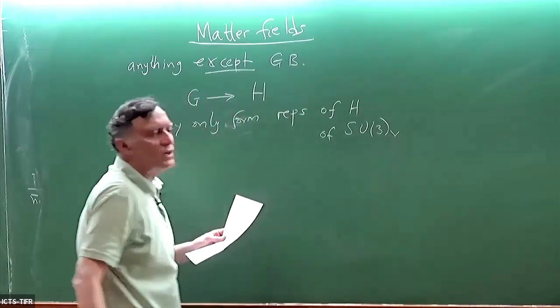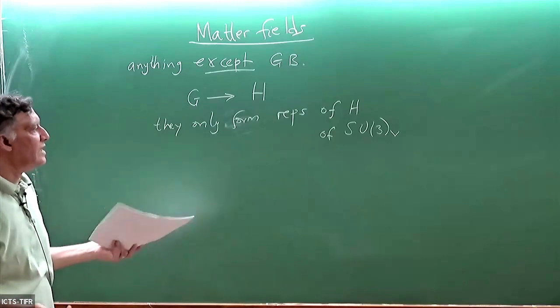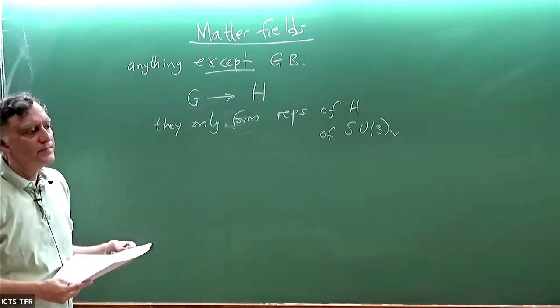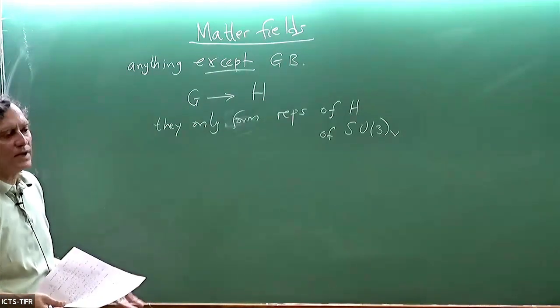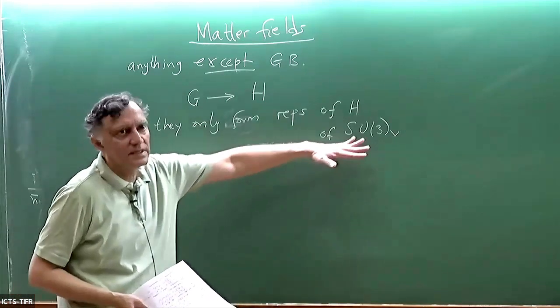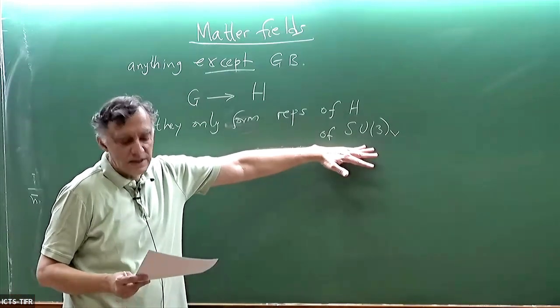So the baryons are octets, but you cannot specify how they transform under chiral SU3 left cross SU3 right. But when people say they're octets, they mean they're octets under SU3 vector.